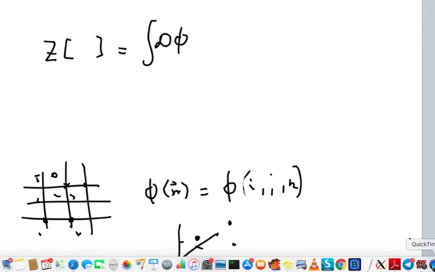And if I integrate over all the possible values of this tensor, in other words, I integrate on the value of the field in each of these corners on a grid, then the result is an infinite or very large collection of integrals. And in all respects, this is a functional integral because it's an integral of a function phi of x.